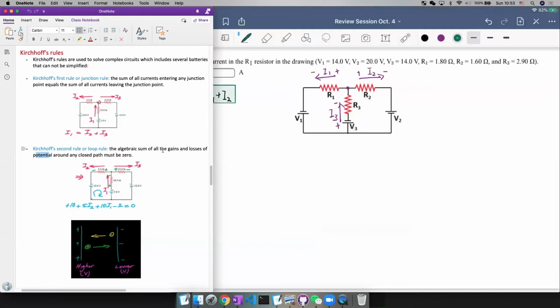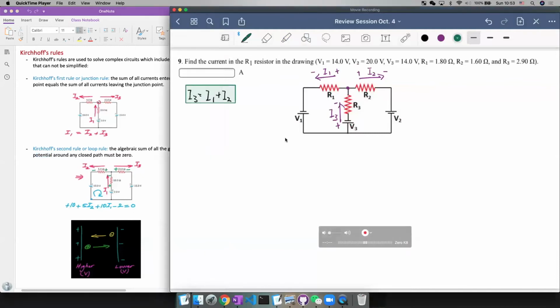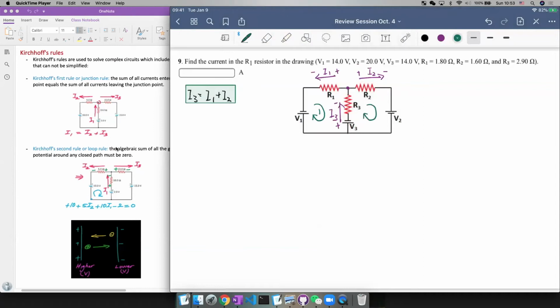Around any closed path, so we have two. This direction is also what I'm used to doing: I always draw them as clockwise. You could use counterclockwise, and you don't have to have two small circles.